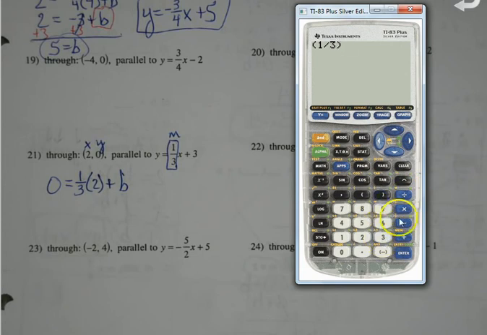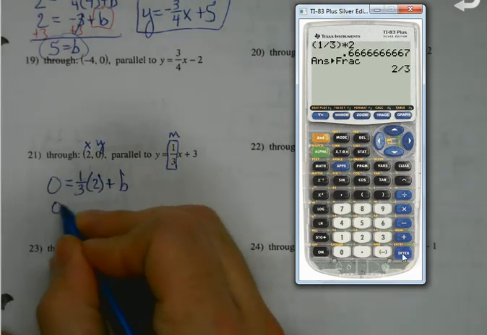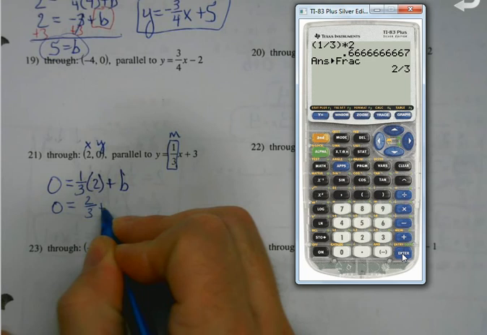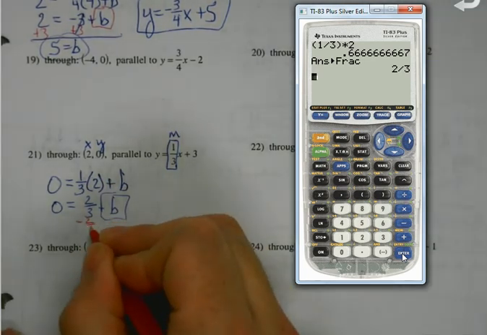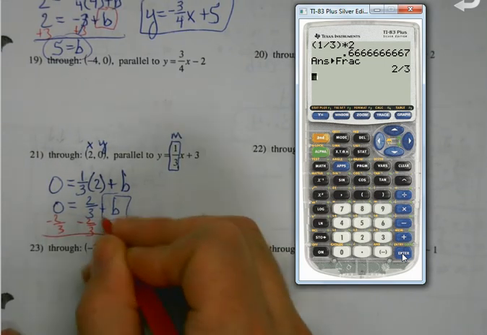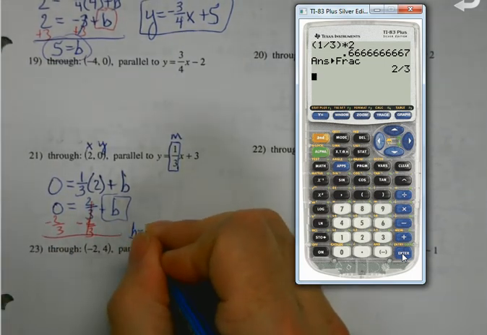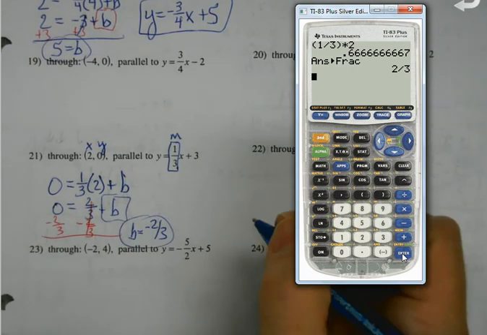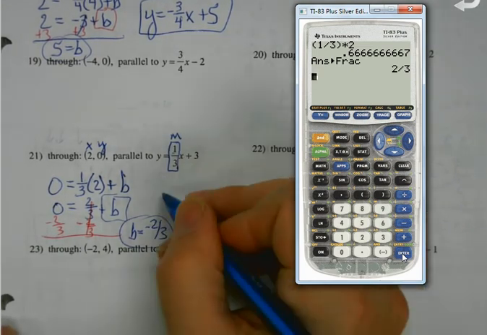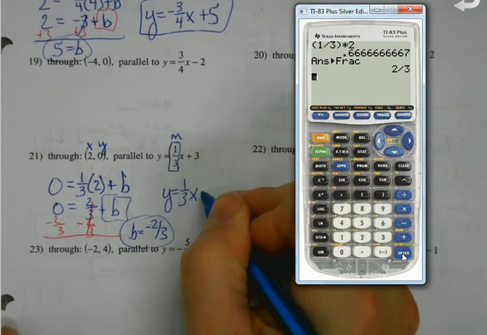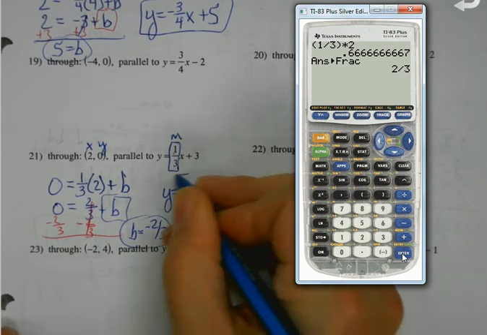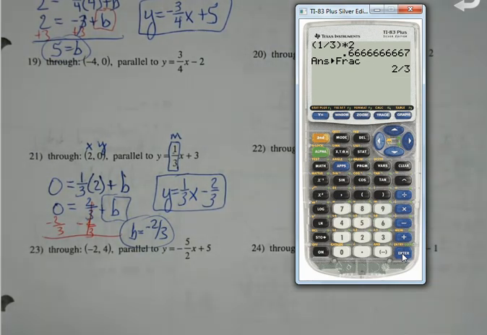So, again, no decimals. Okay. Goal is to get b alone. Opposite of adding 2/3 is to minus 2/3. Again, no decimals. Get my b. I got my m right there. y equals mx. And you could put plus negative, but if it's a negative, I usually will just put minus in. But either of them absolutely will work.